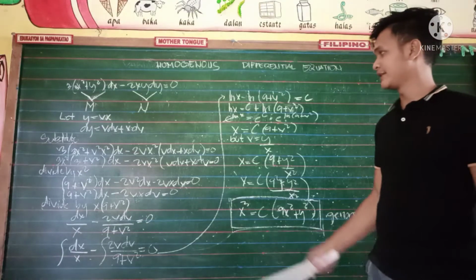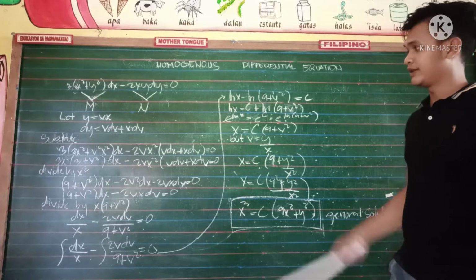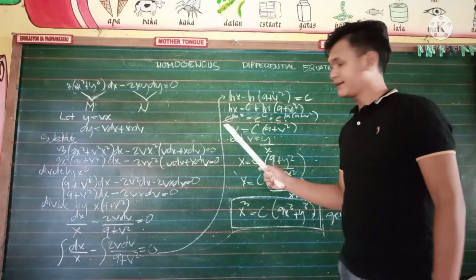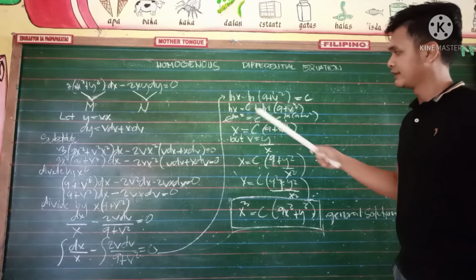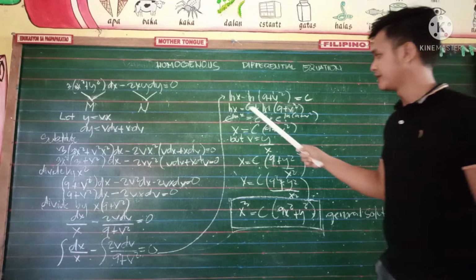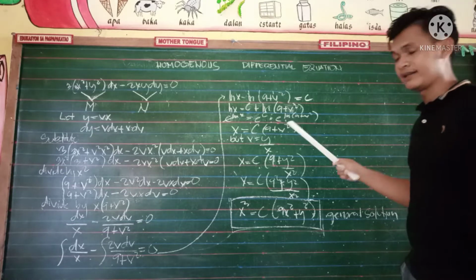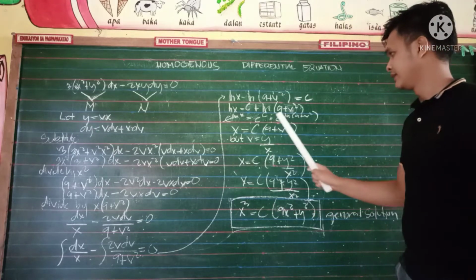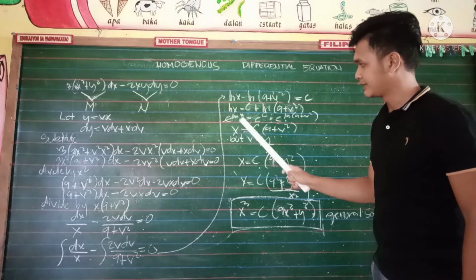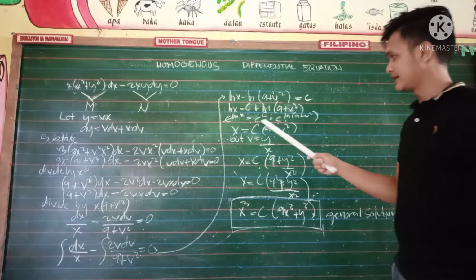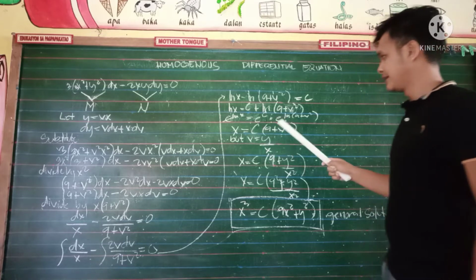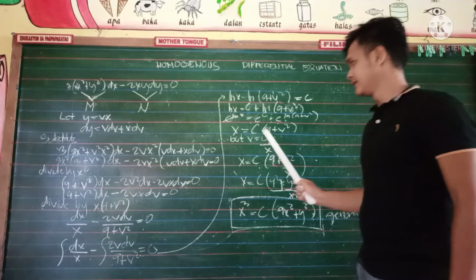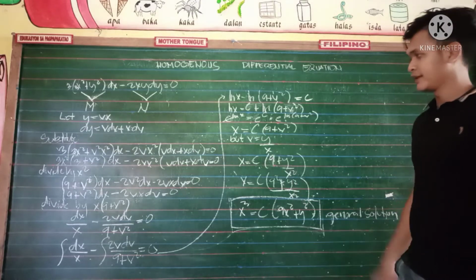To cancel it out, we exponentiate both sides. So e raised to ln of x equals e raised to c times e raised to ln of (3 plus v squared). Cancel out the e and the ln, and e raised to c is always a constant. The remaining is (3 plus v squared).